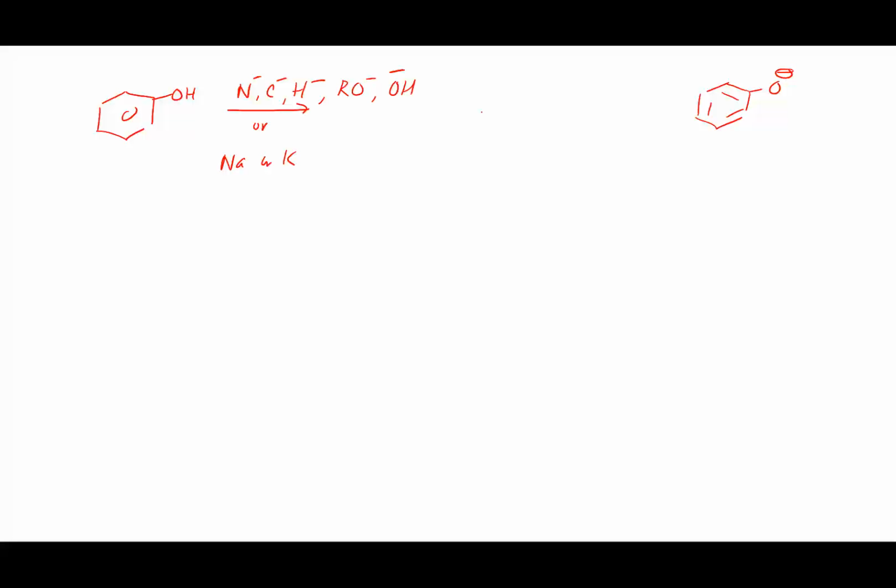Okay, so yes, we can do that, and that will allow us to make the phenoxide. And then what do I add to the phenoxide? How about an alkyl halide?